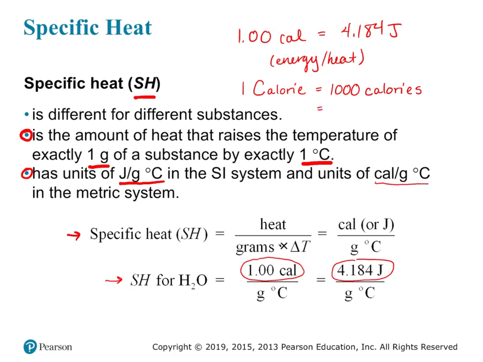Or we could also say it's equal to 1 kilocalorie. All right, so capital C calories that you see on your food labels, that is equal to 1 kilocalorie, lowercase c. So it gets a little confusing sometimes talking about that, but food does give you energy, and the calories that are listed there kind of tells you how much energy your food has, per serving, of course.